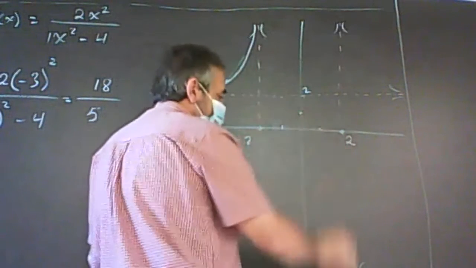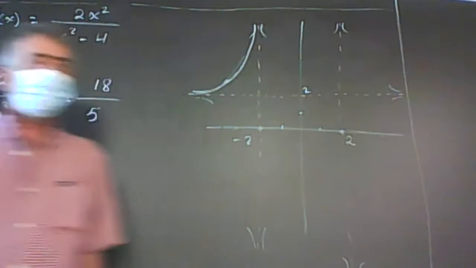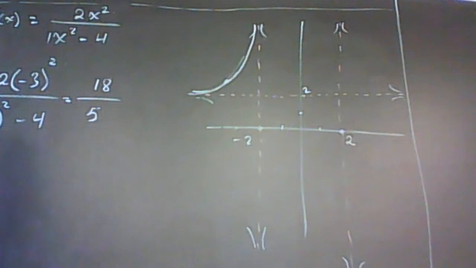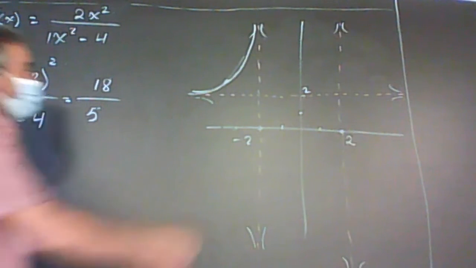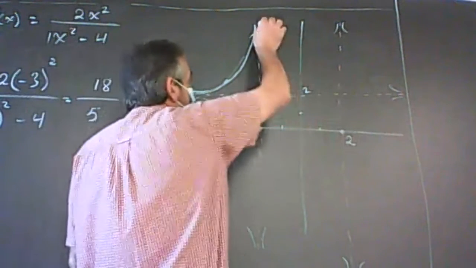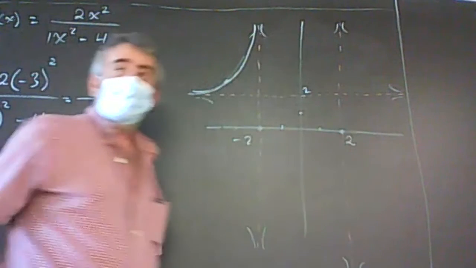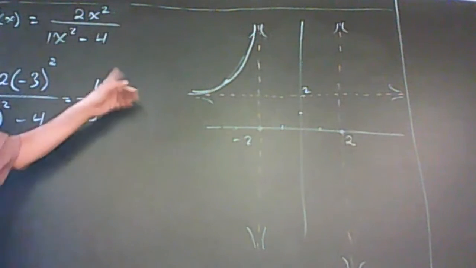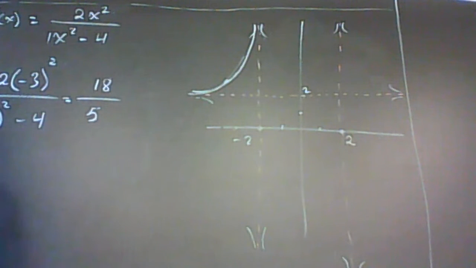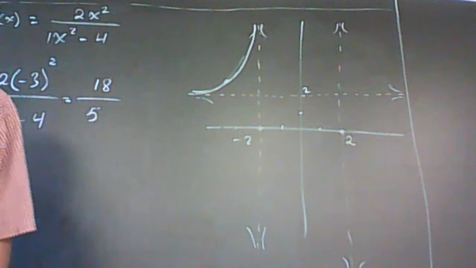If it was on bottom, it's going to stay on the bottom like that. But if it does cross the line, it may cross it in this area. But we already determined it's not going to cross the line. So I don't have to take too many points.